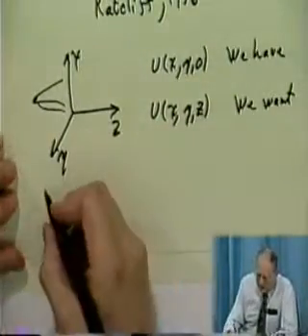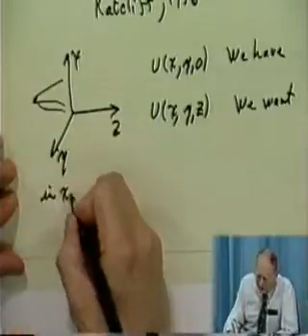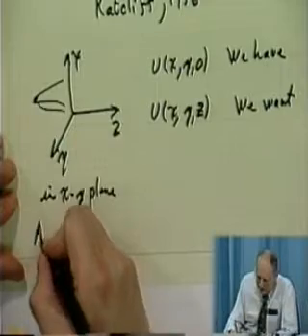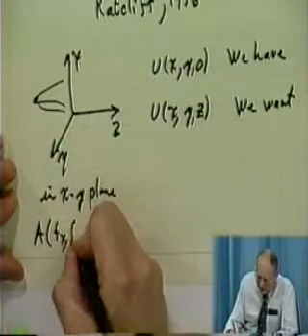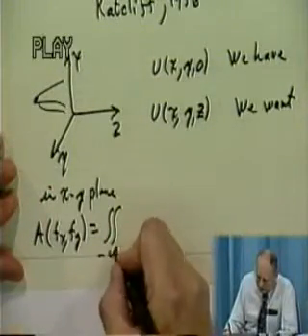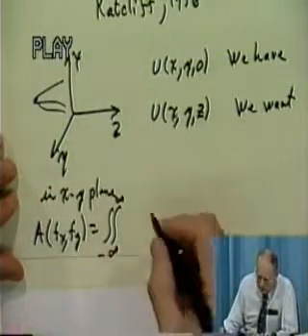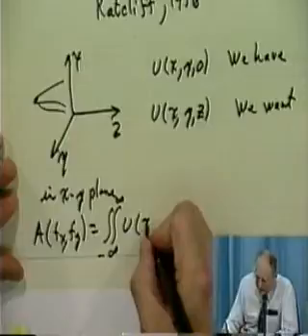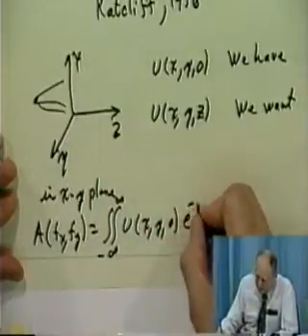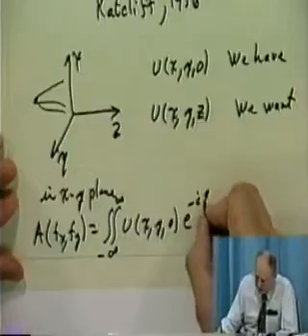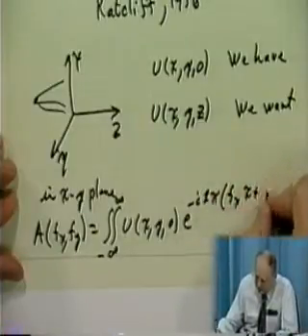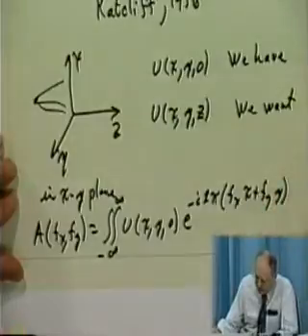And we can say that in the xy plane, A of f sub x, f sub y is equal to just the Fourier transform of u of x, y, 0, e to the minus i 2 pi (f sub x x plus f sub y y) dx dy.